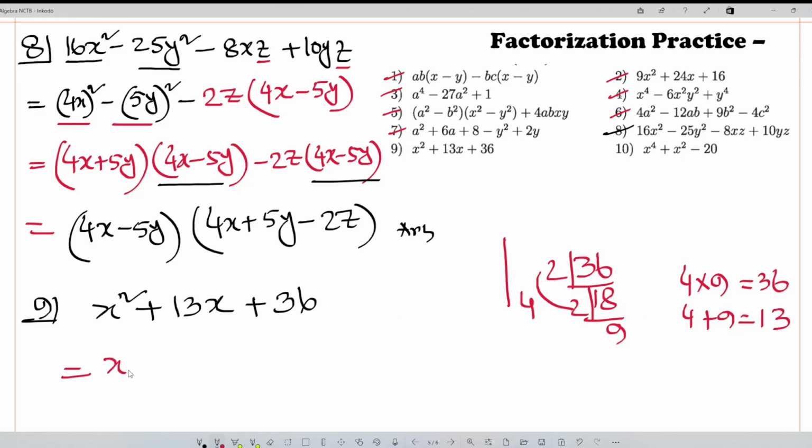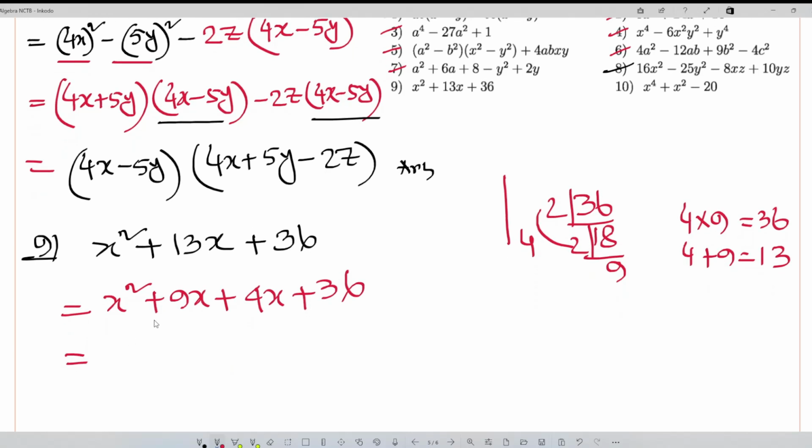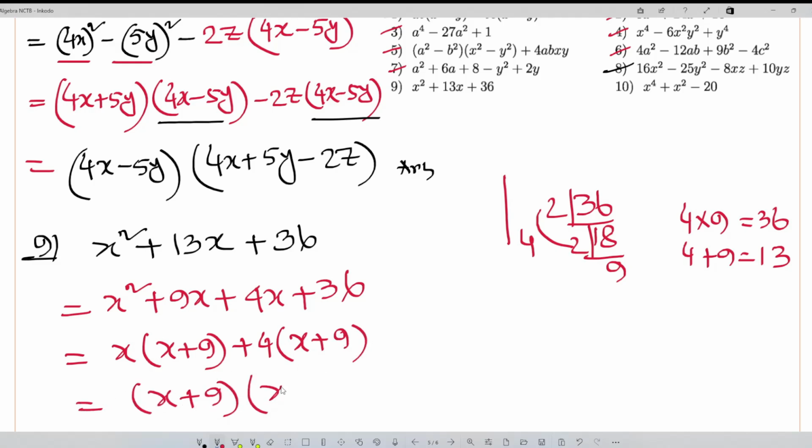So this is x² + 9x + 4x + 36. Now we can take common x, so here is x + 9, and also take common 4, again x + 9. Finally we take common this expression x + 9, so here is x + 4. So (x + 9)(x + 4) is our answer.